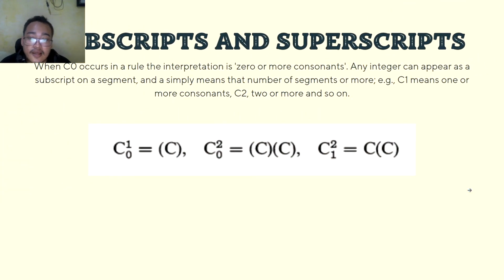And the next slide is subscript and superscript. When C0 occurs in a rule, the interpretation is 0 or more consonants. Any integer can appear as a subscript on a segment, and simply means that number of segments or more. For example, C1 means 1 or more consonants, C2 means 2 or more consonants, and so on.